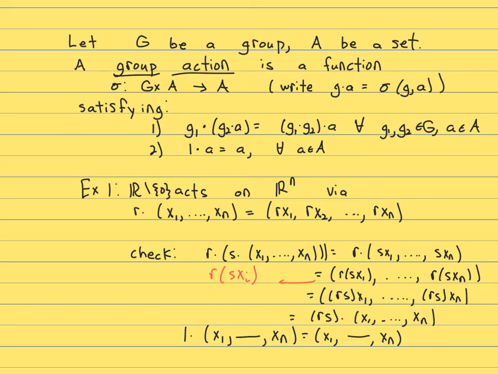And so we see that just like in linear algebra and multivariable calculus, scaling a vector by two quantities in succession is the same as scaling by the product of the scalars. And it's not too hard to show that multiplying by 1 just gives you the tuple back. So this is a standard group action.